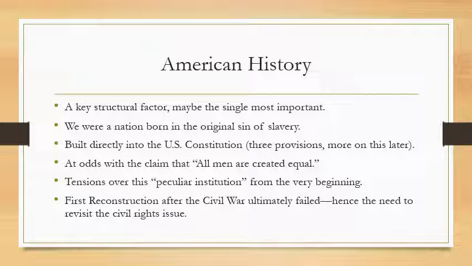The 13th Amendment does abolish it, although it creates the exception of unless we're talking about a prison situation, and some would say that's the new Jim Crow today, the disproportionate incarceration of African Americans. So they do create that exception in the 13th Amendment.